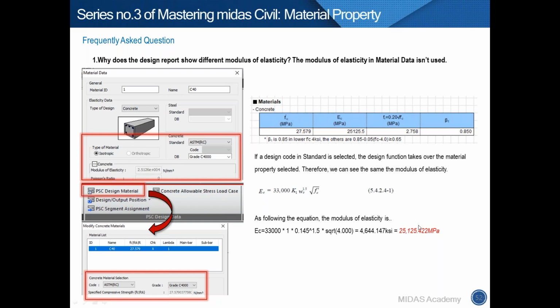So I got the same elasticity modulus. Therefore, we should check each material option in the design feature if we get unexpected material in the design report. Because to calculate design, we have to input the material for design mode in the modified concrete material or other PSC design material like this.